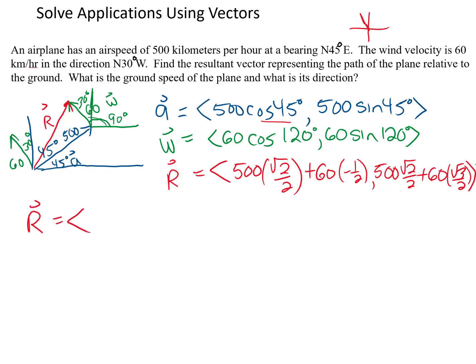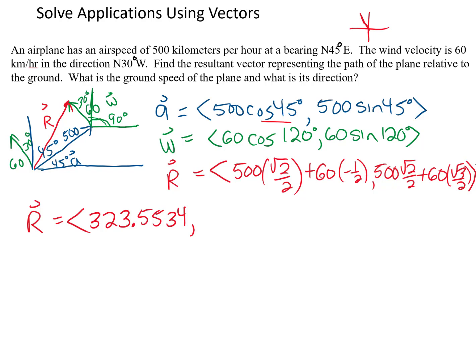So if I do 500 square root of 2 over 2 plus negative 30, I get 323.5534. We'll go to 4 decimal places. And then 500 square root of 2 over 2, or 250 square root of 2, plus 30 square root of 3.